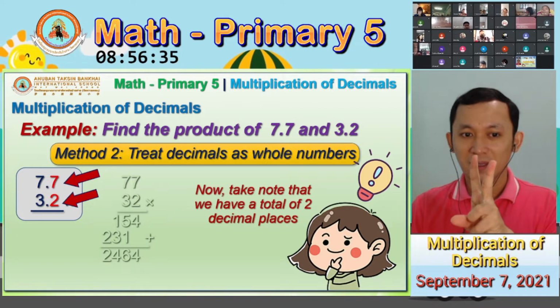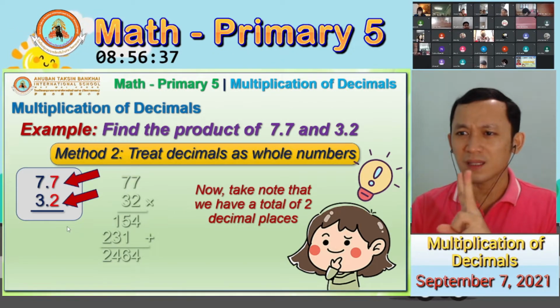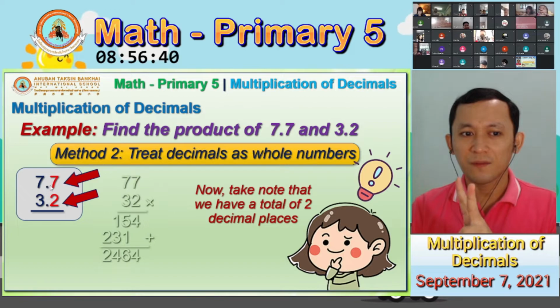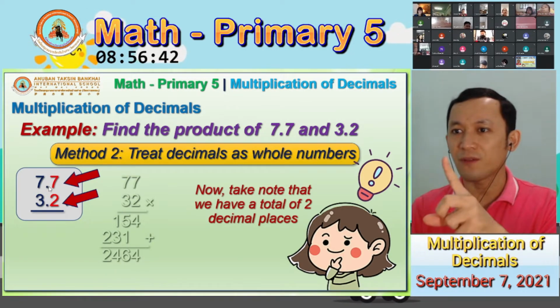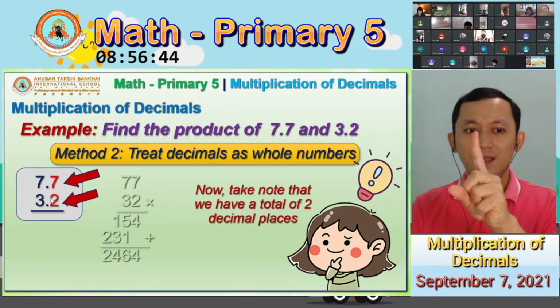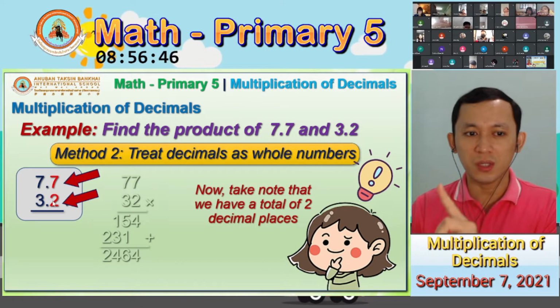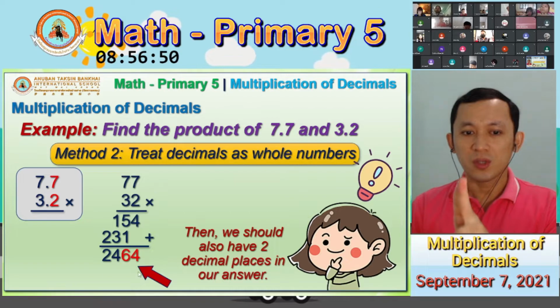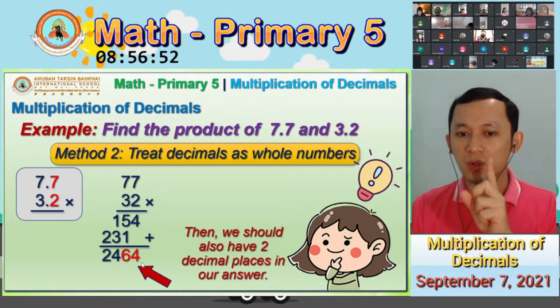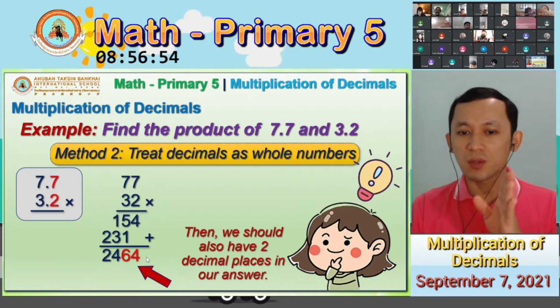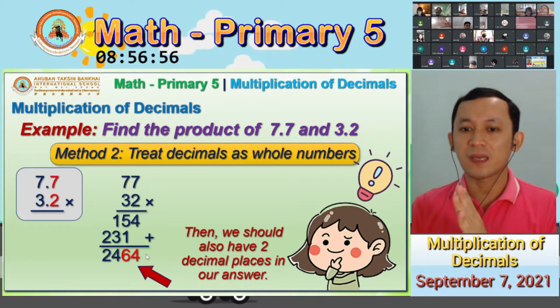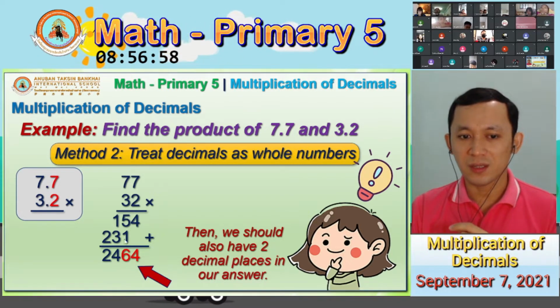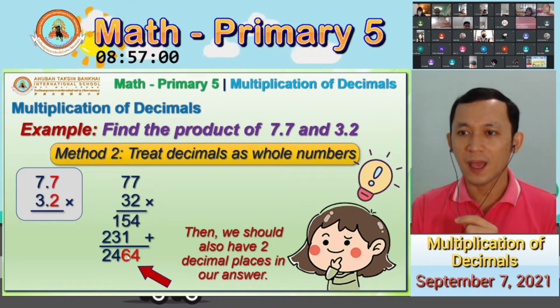Did you understand? The first one, we have 0.7, so that is 1. The second, we have 0.2. So we have 2 decimal places. Therefore, we should also have 2 decimal places in our answer.